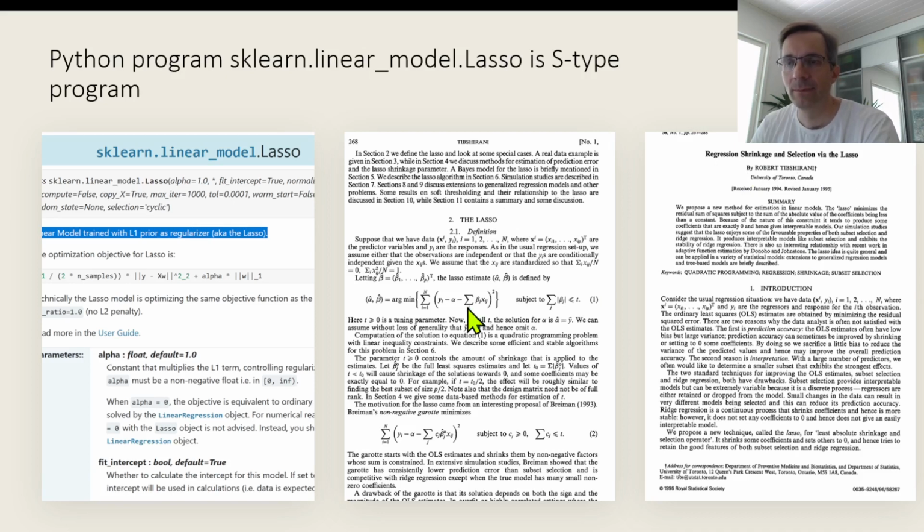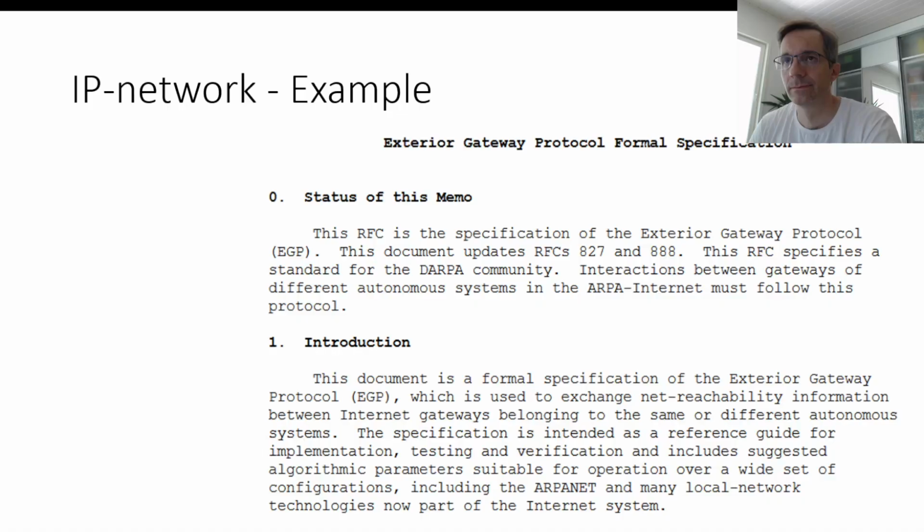In the paper, he gives a formal definition of this lasso procedure. And now what this program does, this sklearn linear model Lasso, it just implements the formal specification provided in this mathematical paper that was published in 1996.